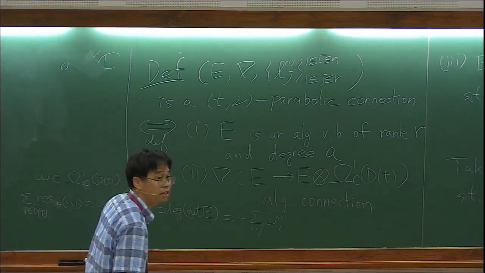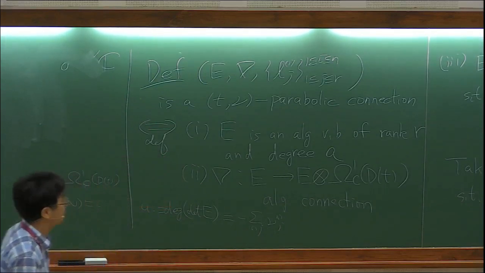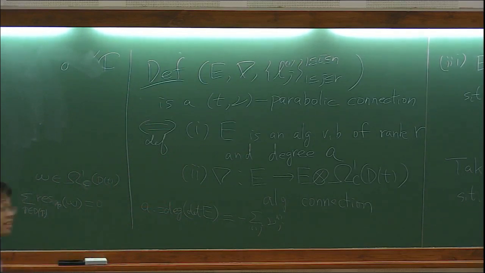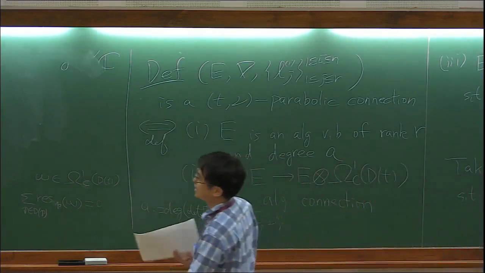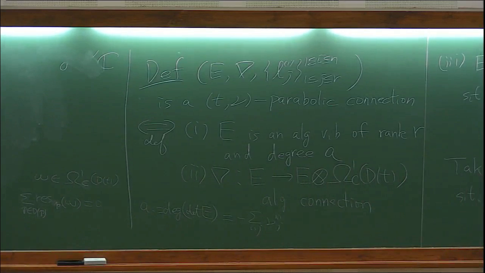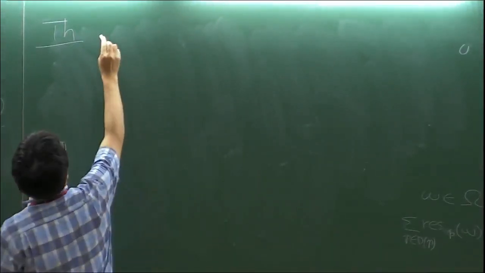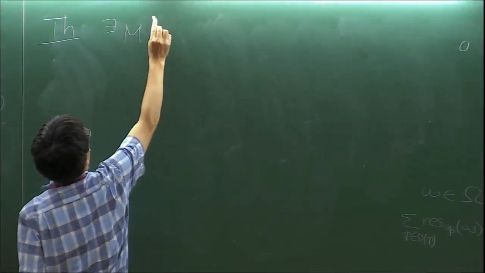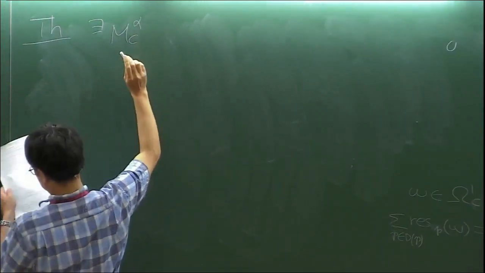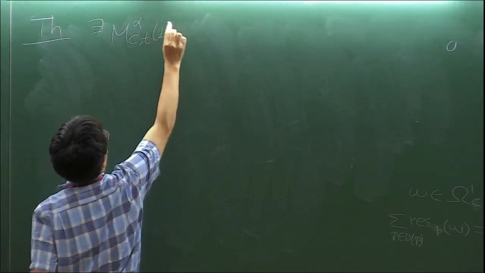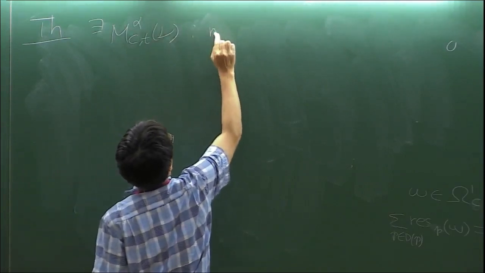So this should be an integer, the degree of the determinant bundle. And then we can define the moduli space of alpha-stable parabolic connections.